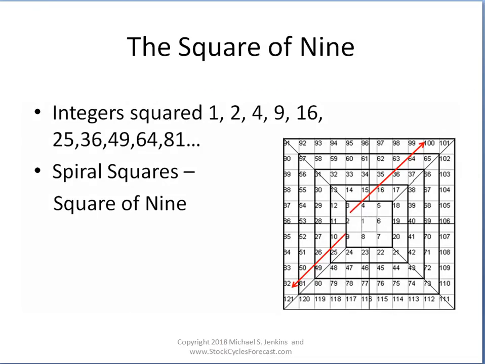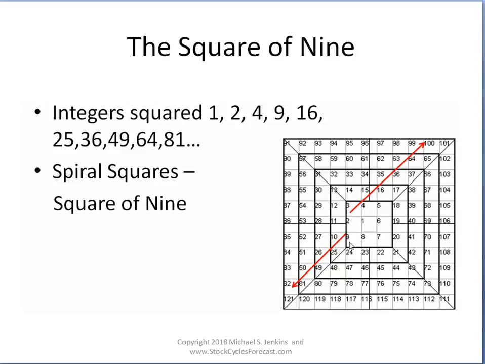Usually the easiest way to do these squares and square roots is with something called the square of 9, a device that W.D. Gann used quite often, but it's really been around for thousands of years. And it's a spiral arrangement of numbers out to 9, and so it goes around clockwise, and the odd numbers go down the left column here.